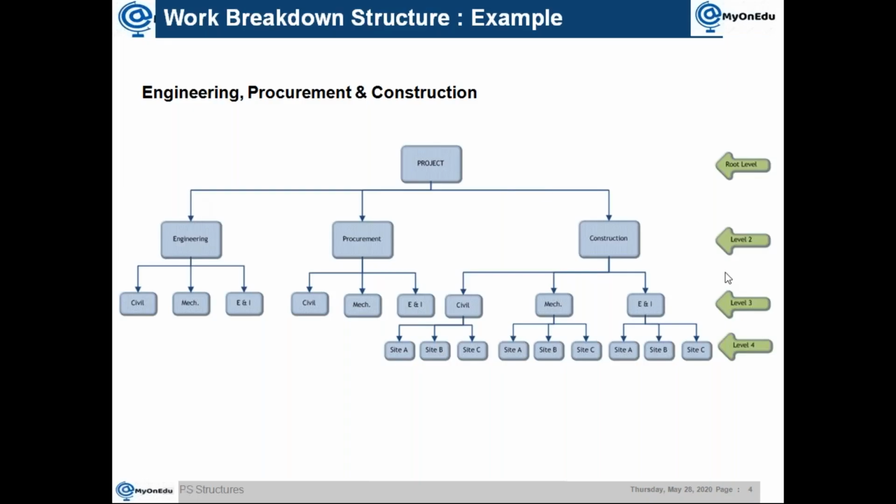Then level 2 will give you your 100% scope. The child of a parent should consider the 100% scope. So whatever children you create under a parent, your 100% scope should be covered. And here we have a level 4, whereas here it is level 3.